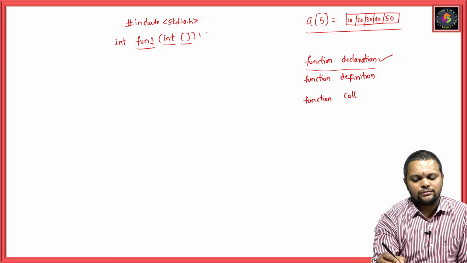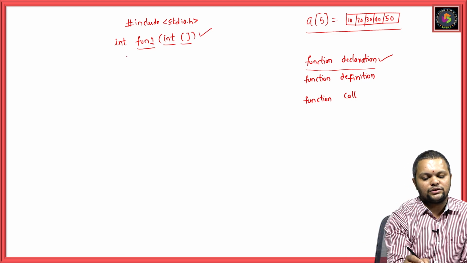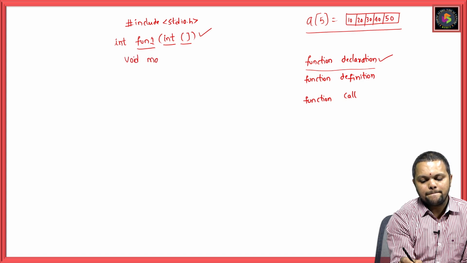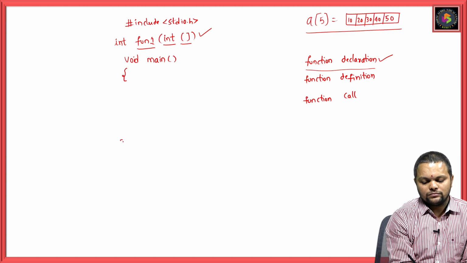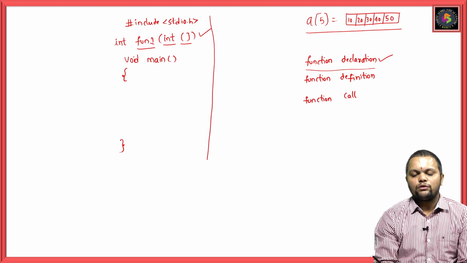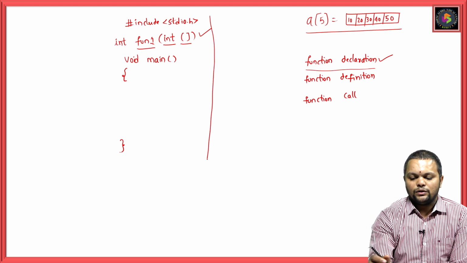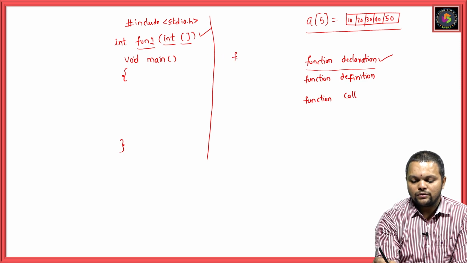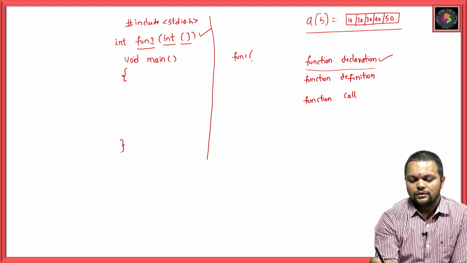This is just the declaration. We will go to the next part, the definition. I will first write void main, and write the declaration part here. You have function1, the name of your function, and int, the name of your array.